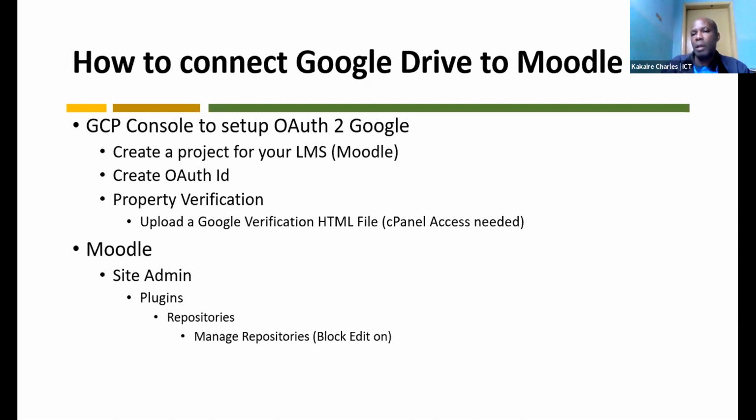For example, mwiri.sc.ug is our domain. So that one has to be verified. There are several ways of verifying, about 5. But the one I've worked with, that I'm conversant with, is the one where you use a Google verification HTML file. So Google wants to know whether the domain you are going to use belongs to you.